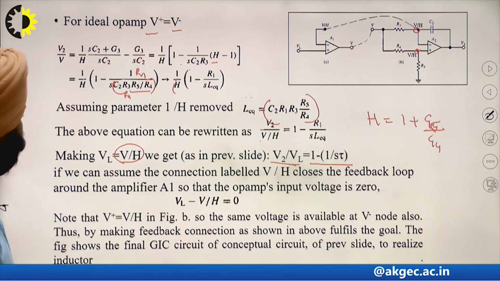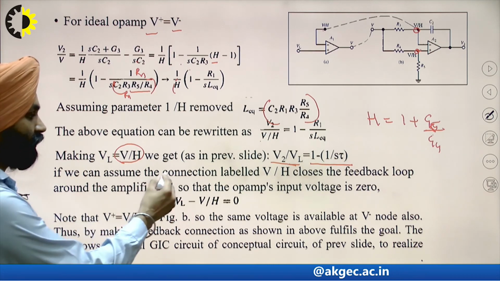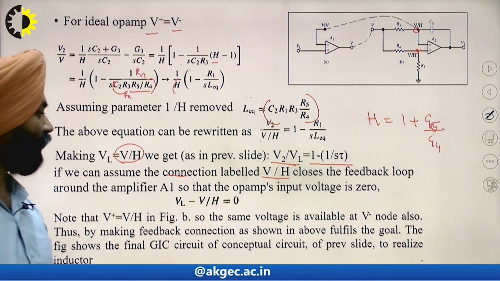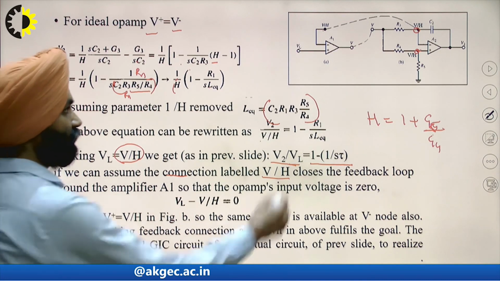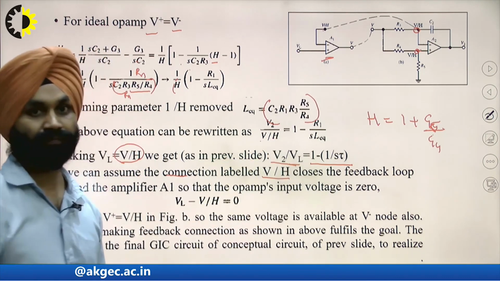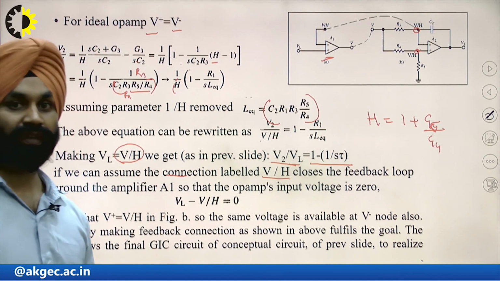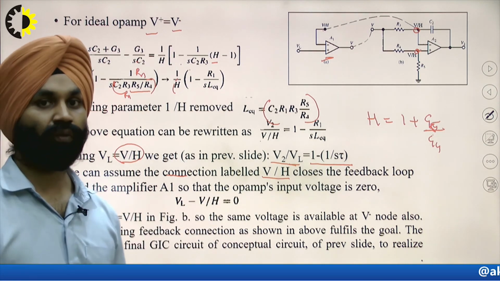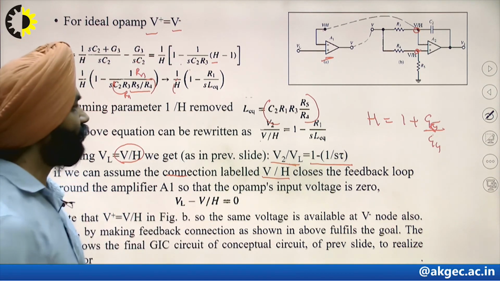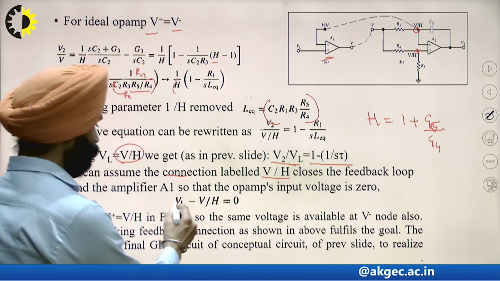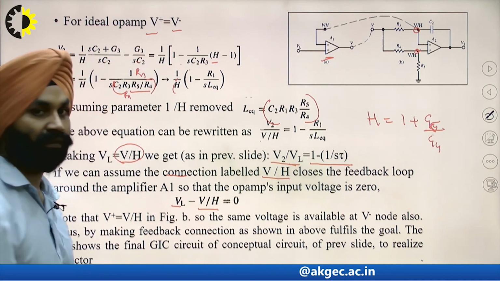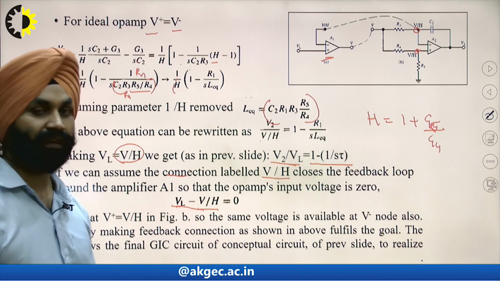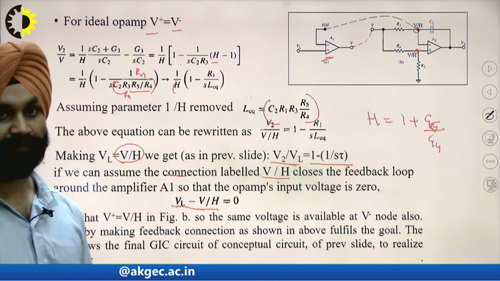So if we connect VL and close the feedback loop around the amplifier A1, which is this amplifier, so that the operational amplifier input voltage is 0, then we can say that VL minus V by H is equal to 0.